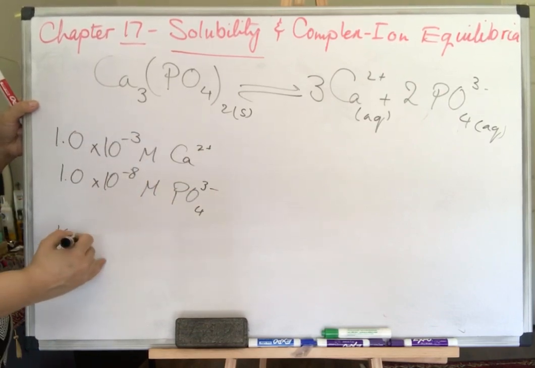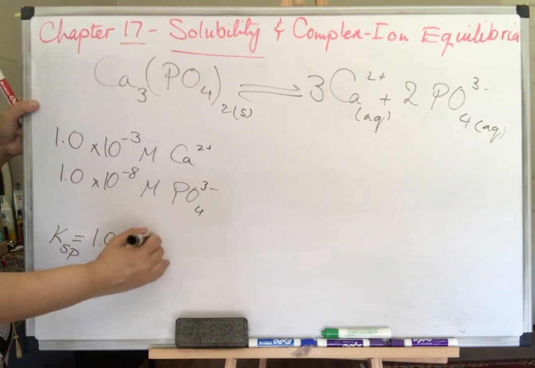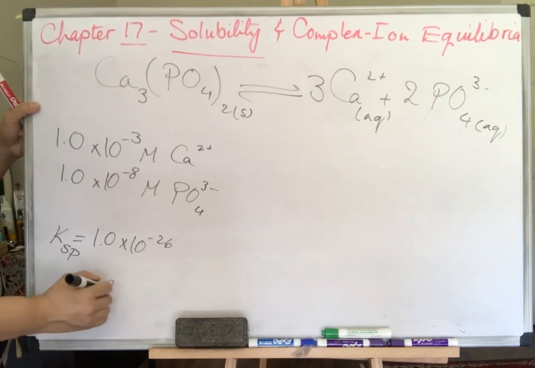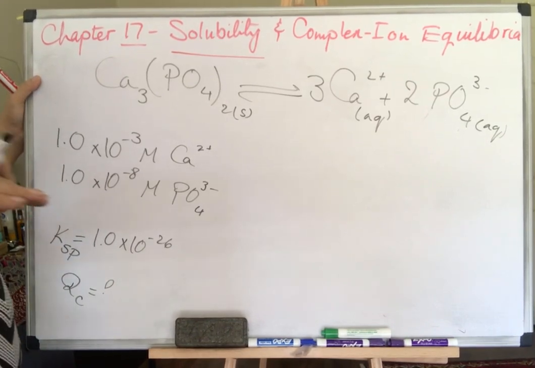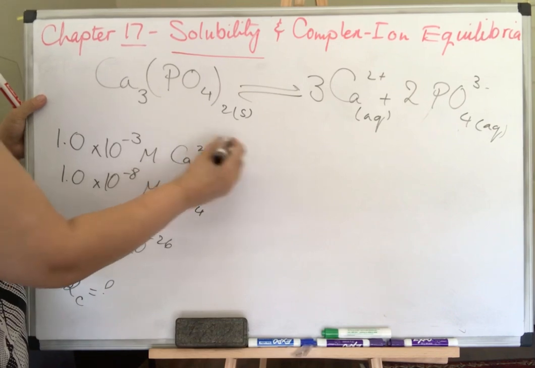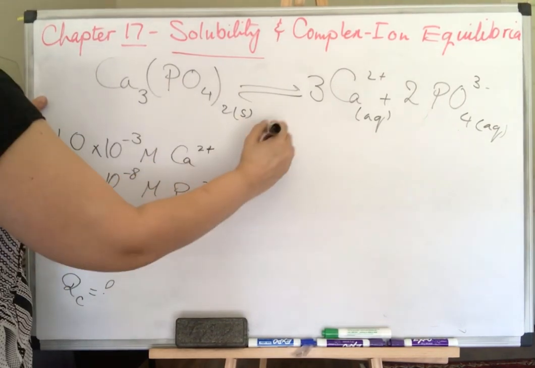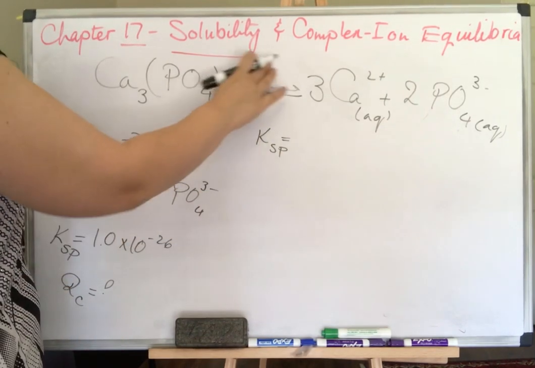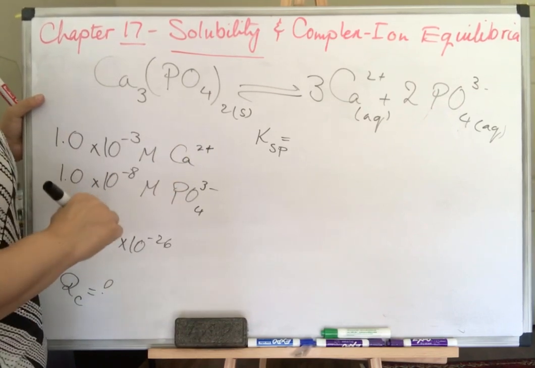Ksp for calcium phosphate is 1 times 10 to negative 26. By calculating Qc, we want to predict if this kidney stone is going to form or not. So let's write the Ksp, because we know that Q has the same form as Ksp, but instead of equilibrium concentrations, you have the concentrations given to you.